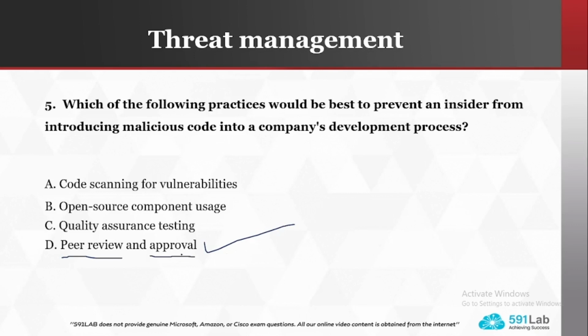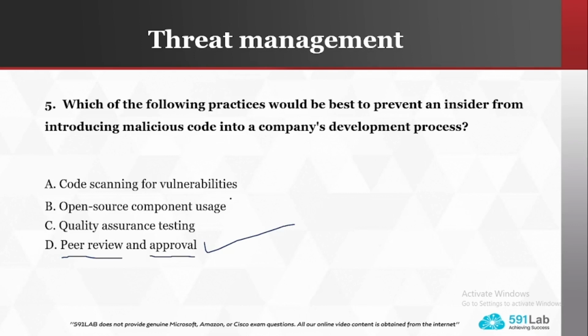Secondly, it is what we call shared responsibility. Peer review fosters a sense of collective ownership and accountability for code quality. Thirdly, it's diverse perspective. Different developers bring unique perspective and expertise to review process, which enhances quality and identifies potential issues.